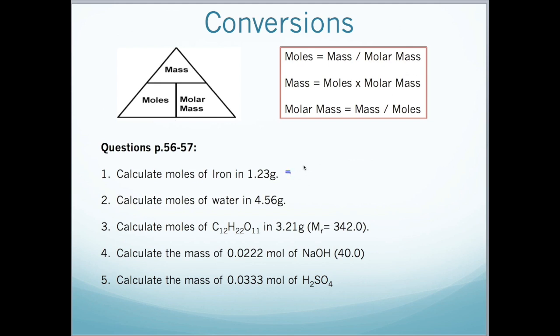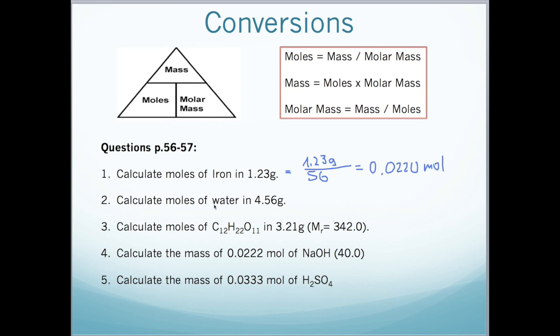Therefore, the mass is 1.23 grams. And the molar mass of iron, if we look at the periodic table, is 56. So when we divide that, we get 0.0220 mole.